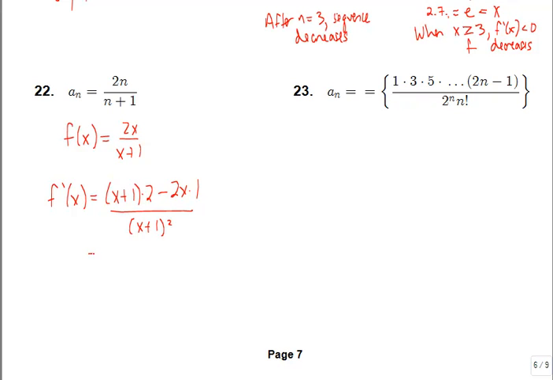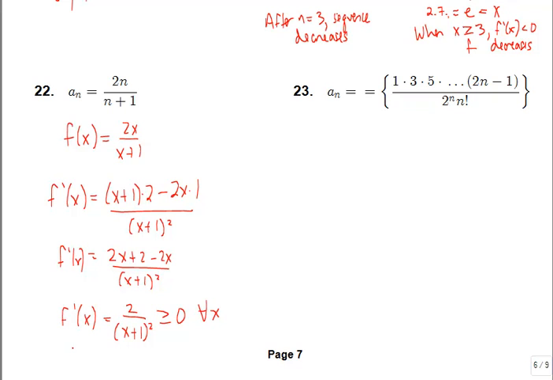And when you simplify that top, you're going to get 2x plus 2 minus 2x over (x plus 1) squared. And those two x's cancel out. So this is positive 2 over (x plus 1) squared, which is always positive. So this is always greater than or equal to 0 for all x.